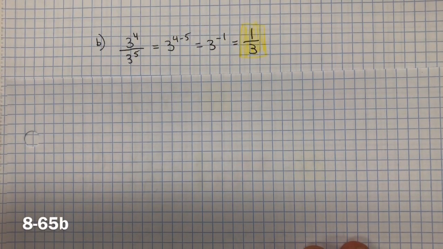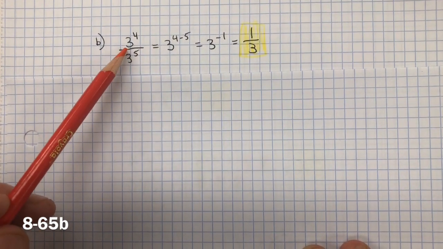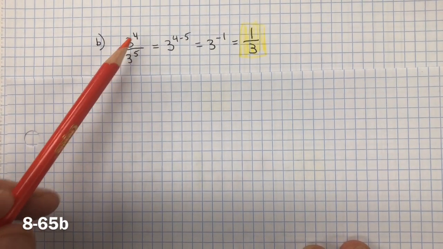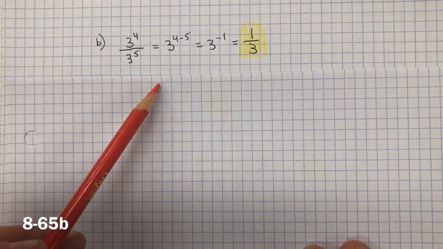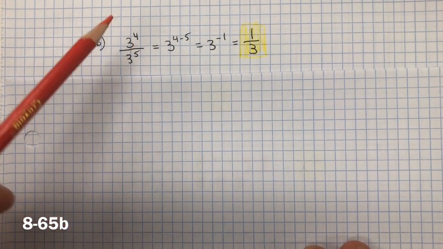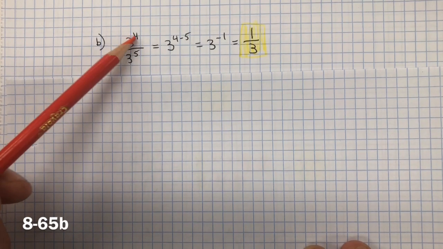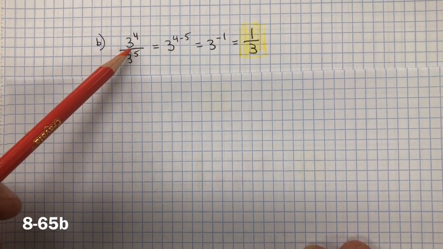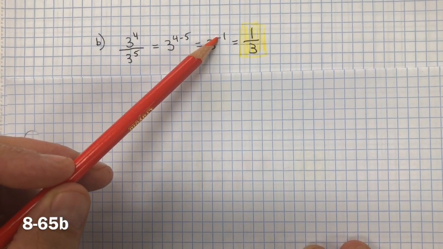In problem B, I did not put it in factored form, but to solve it by factored form, you would have 3 to the 4th, so 3 times 3 times 3 times 3 over 3 to the 5th, so you would have 5 3's. And you'd be subtracting 5 from 4, which would give us a negative 1.